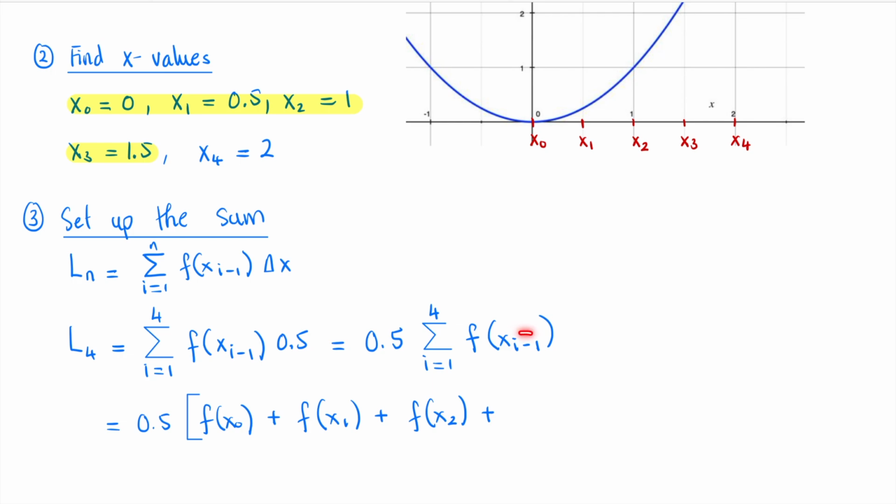When i is 4, 4 minus 1 is 3, so I have f of x3. x0 equals 0, x1 equals 0.5, x2 equals 1, x3 equals 1.5. So we substitute those values in.